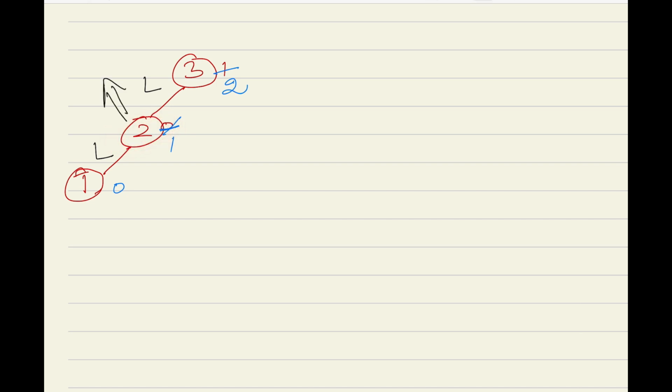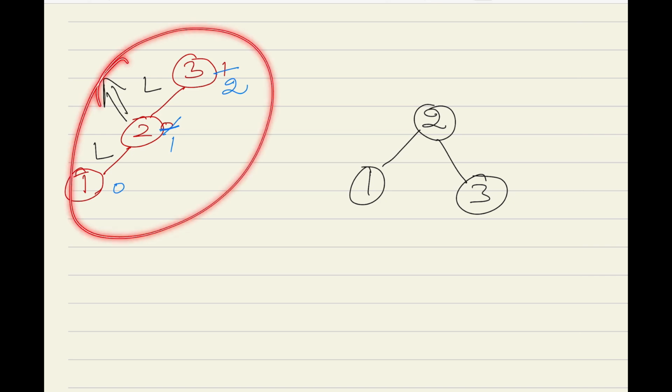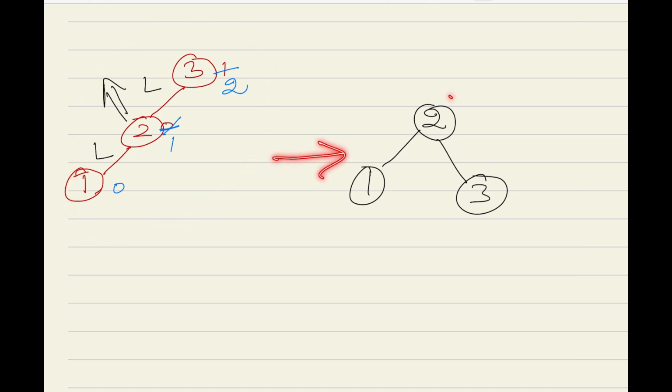So if we pull this node 2 towards left, then the gravity is going to play its role and 3 comes this side. So the new structure will be like this, 2 becomes the root and here it is 1, here it is 3.